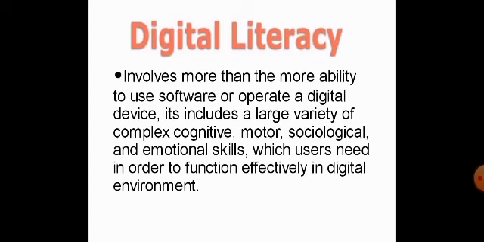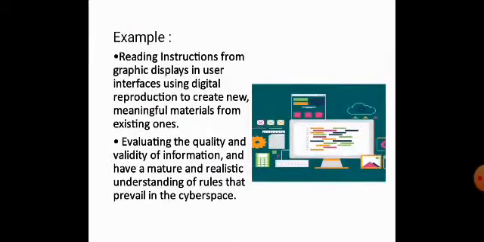So, for example, reading instructions from a graphical display using a user interface, and using digital production to create new meaningful materials from existing ones. For information, for example, information in social media and on the internet can be harmful, but can also be good.